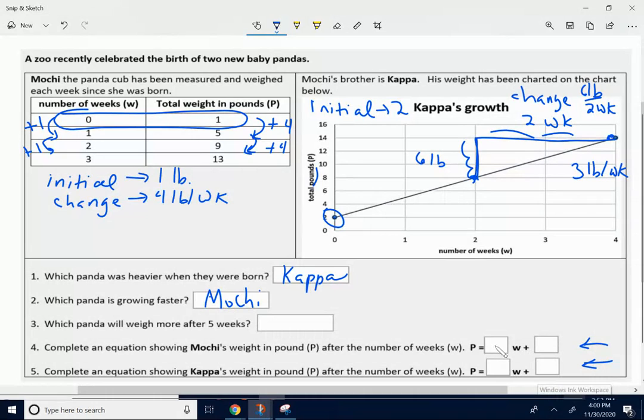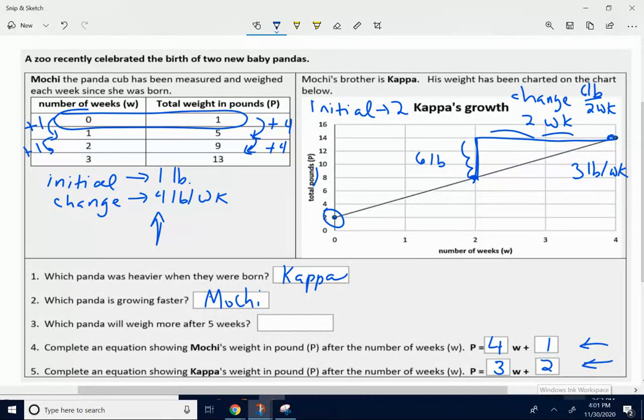The slope for Moki was 4, and the y-intercept was 1. So P equals 4W plus 1. For Kappa, the slope was 3 pounds a week. The y-intercept was 2. So his equation would be P equals 4W plus 2. The slope goes in front of the variable. The initial amount goes at the end.